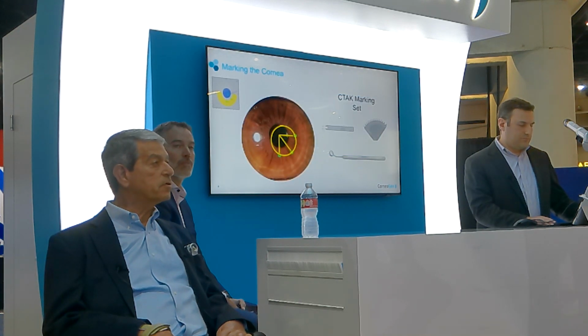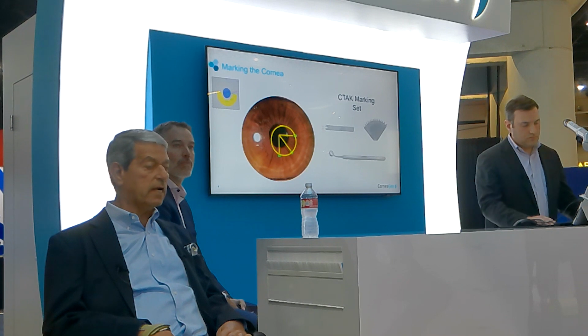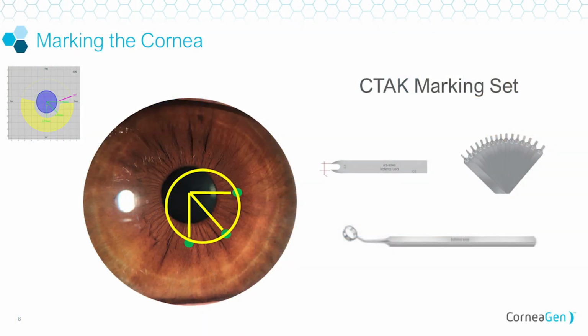The first part of the procedure is marking the cornea, and this is marked per the specifications that you will get on the surgeon nomogram that CorneaGen sends you for your particular patient. This is an off-centered procedure.